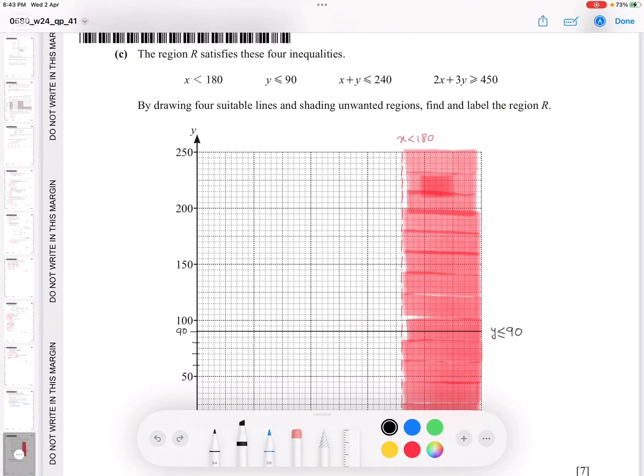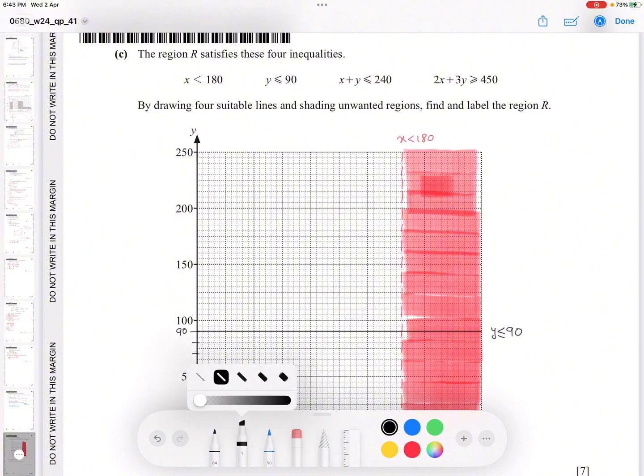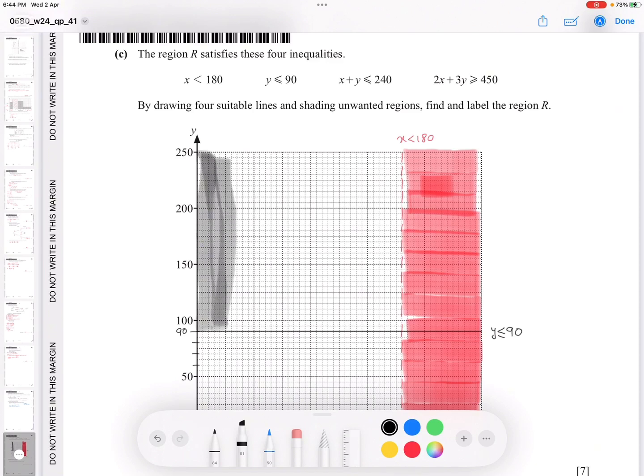We have to shade the unwanted region, and that is, wait, this side is unwanted, so you can shade the whole region.